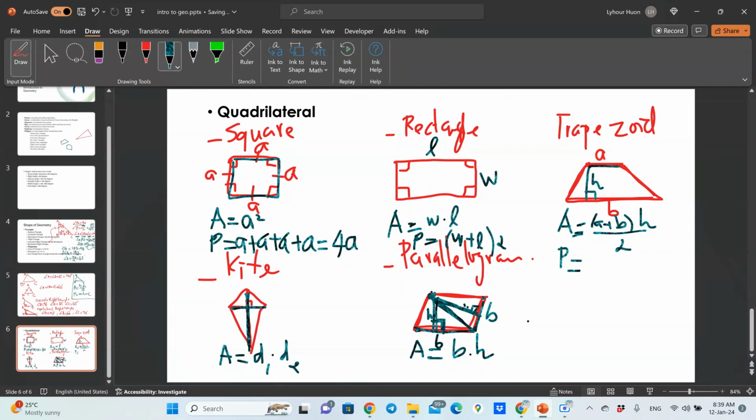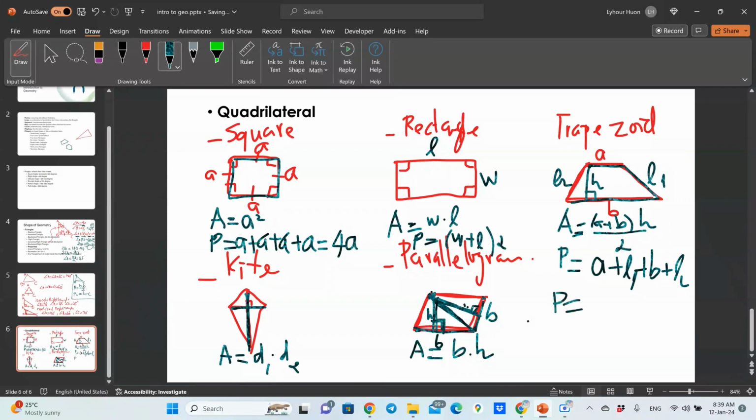So this small base a, plus this, let's denote it as L1, plus b here, the other base, and L2. Basically adding all of them together.